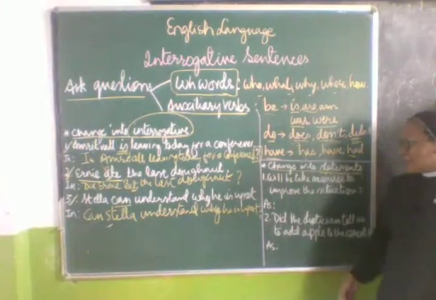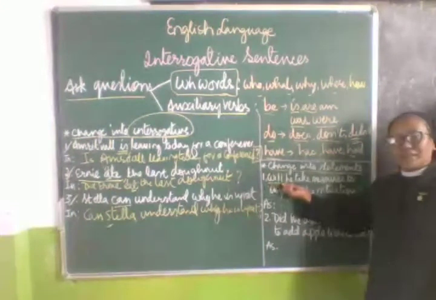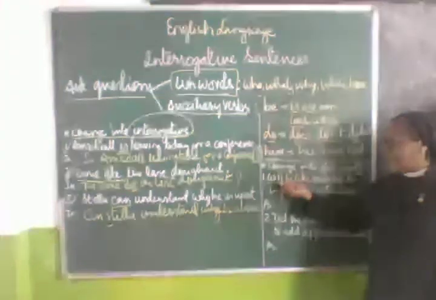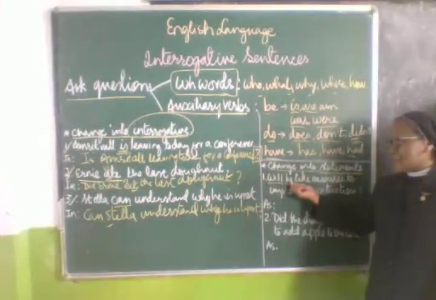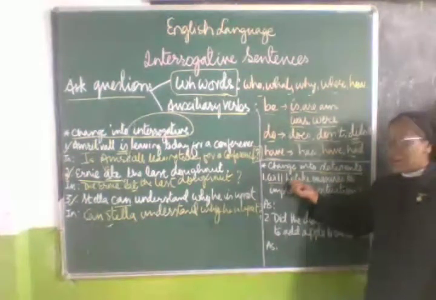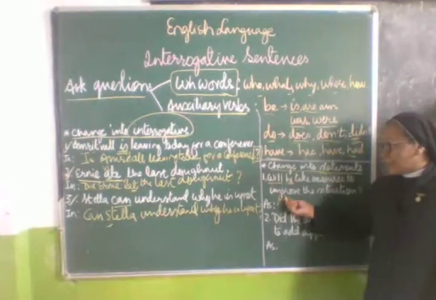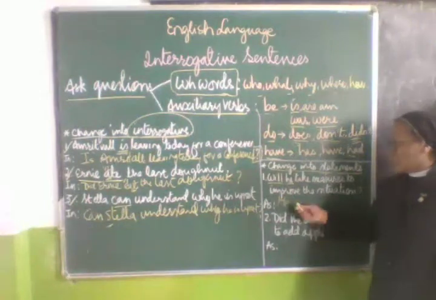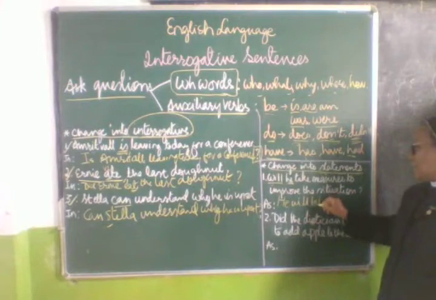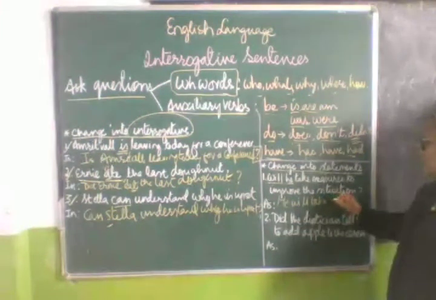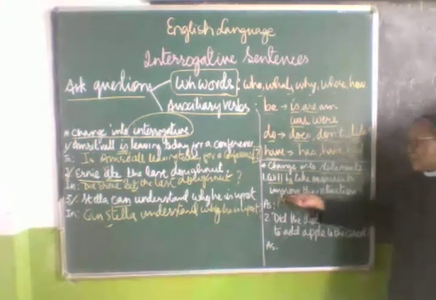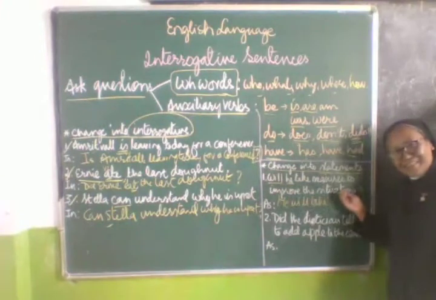So now see, it is starting with the auxiliary verb will, and then the subject he. Now I will reverse the place. He will take measures to improve the situation.